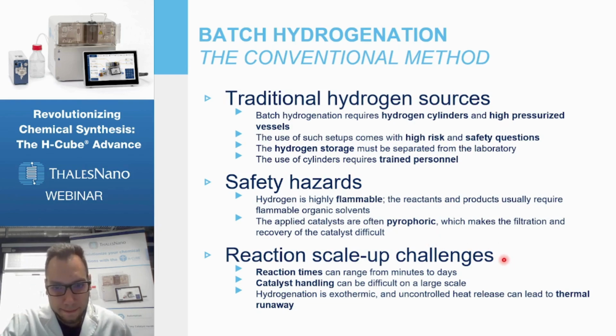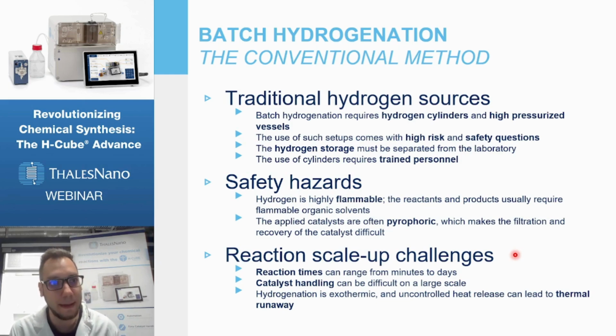And then comes the difficulty of scaling up these batch experiments. It's never easy to scale up any batch protocol because of the mixing, and the heat transfer becomes less and less efficient as you scale up your reactions. So this is especially dangerous in the case of hydrogenations because of the mixing. The hydrogen has to dissolve or at least mix together very well with your liquids and your solid materials.